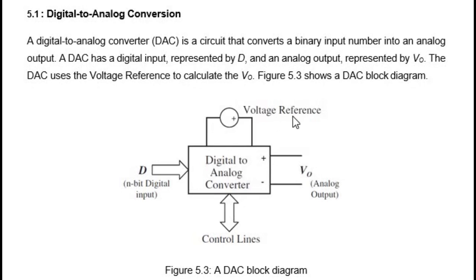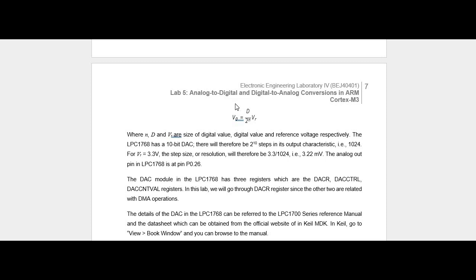So the DAC uses a voltage reference to calculate V0. This is the formula to calculate the analog output V0, whereby V0 equals the digital number divided by 2 to the power of n, multiplied by the voltage reference, which is VR. So n here is the number of resolution bits.